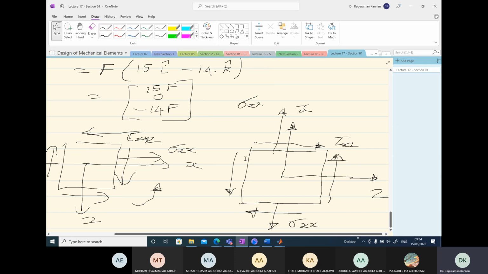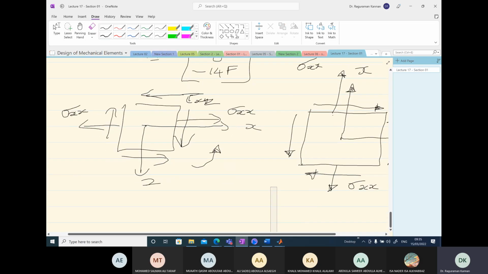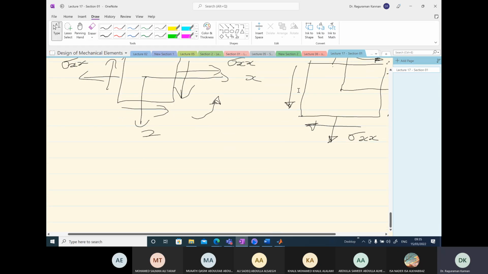Now that we have the stress element in the correct orientation, we can go further and calculate sigma xx. According to our formula, Kt times M over I times c. The Kt value is 1.4 according to our calculations in the previous problem.